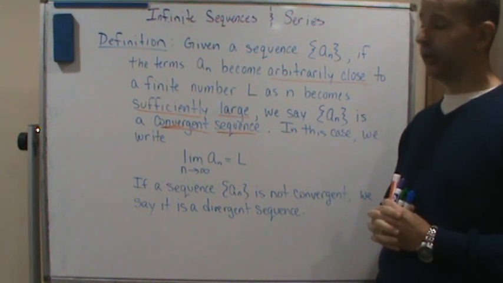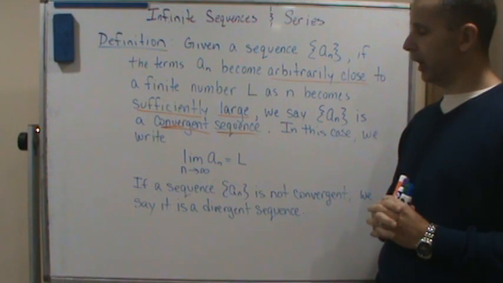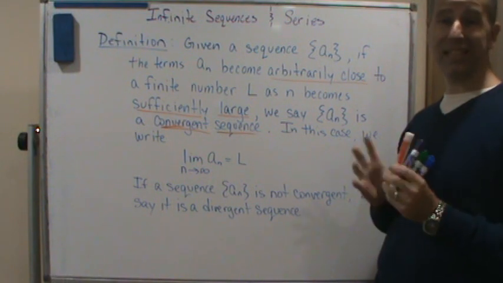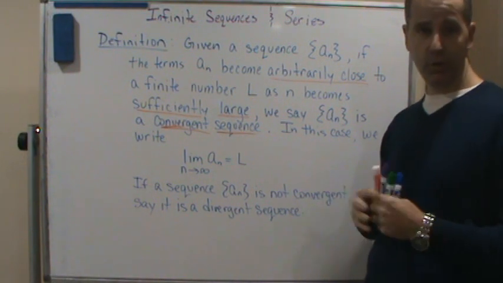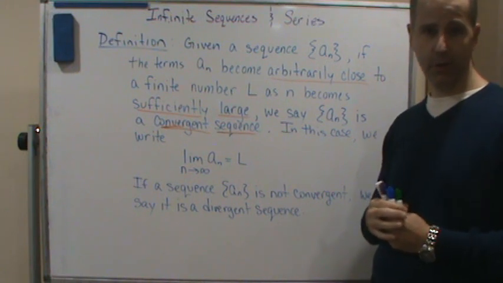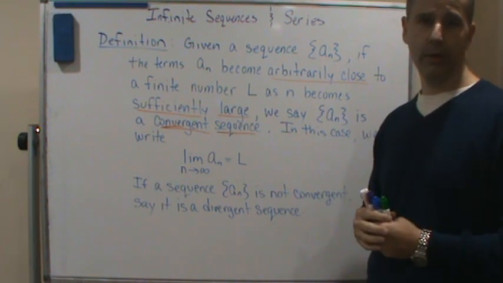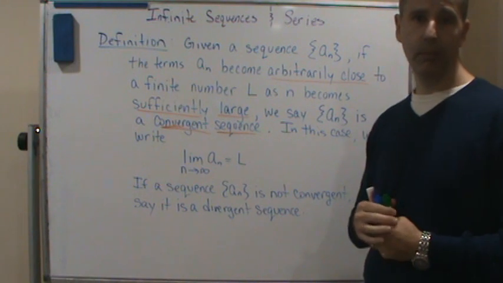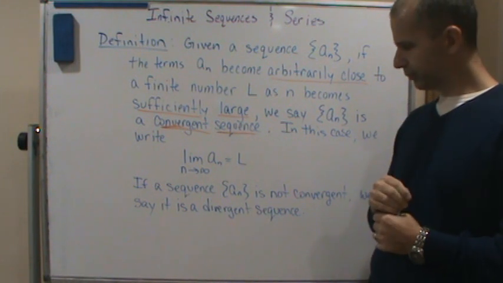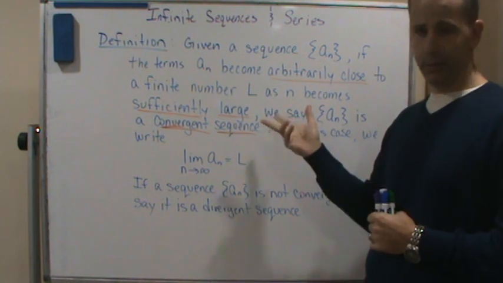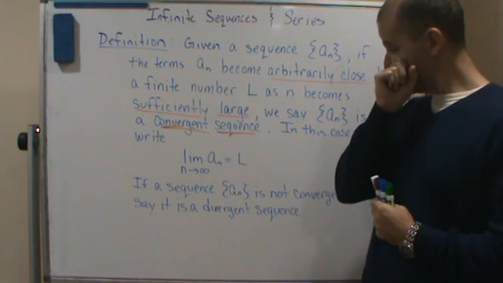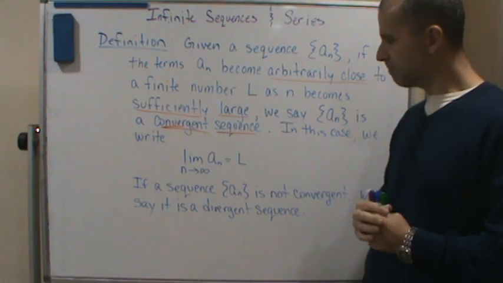So, in the next video, I'm going to give you a precise definition very similar to the epsilon delta definition that you get for the definition of a limit in general. But now we're going to apply a similar definition to sequences. Okay?